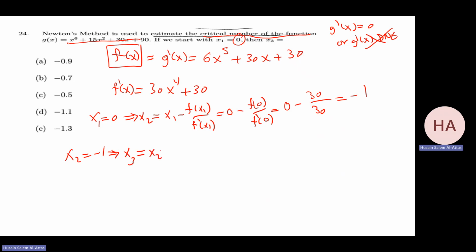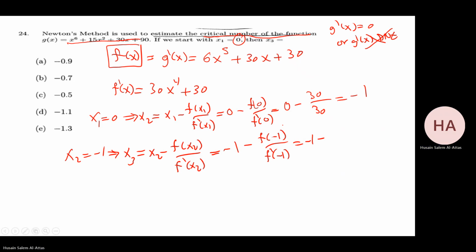That implies x3 is x2 minus f of x2 over f prime at x2. That will give you minus 1 minus f of minus 1 over f prime of minus 1. Now f of minus 1, substitute here, that will be minus 6 minus 30 plus 30, so it was minus 6 over f prime at minus 1.